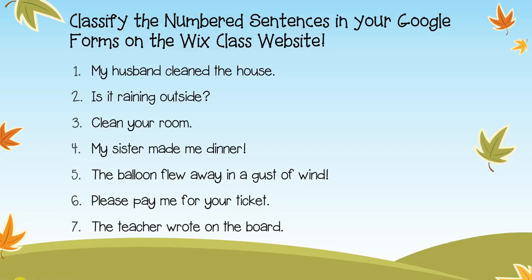So, for example, sentence number 1 is, my husband cleaned the house. If you think that's an interrogative sentence, you would write interrogative in that blank. So that is an example of how you're going to be doing this. So write your answer for number 1, and now I'll read the rest of the sentences to you.